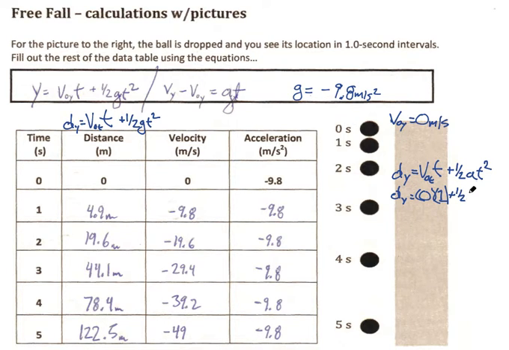Plus 1/2 a, where a is negative 9.8 because it's gravity, and then t squared would be 1 squared. So what do I come out with? I come out with d equals 0 times 1 plus 1/2 times negative 9.8 times 1 squared. Well, 1 squared is 1 times negative 9.8, still negative 9.8. Half of that is negative 4.9.